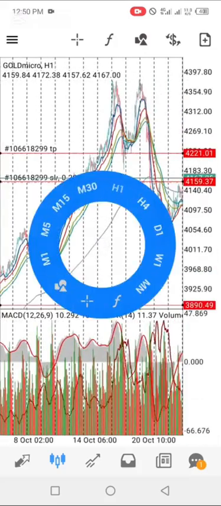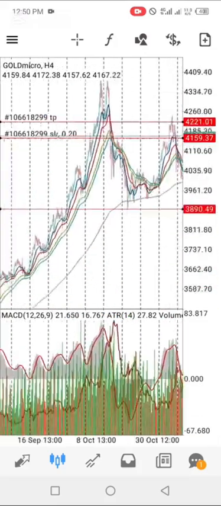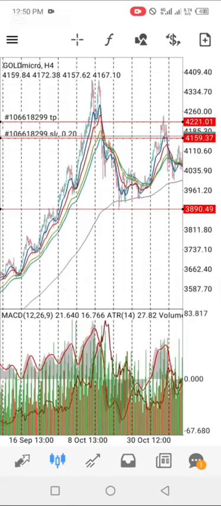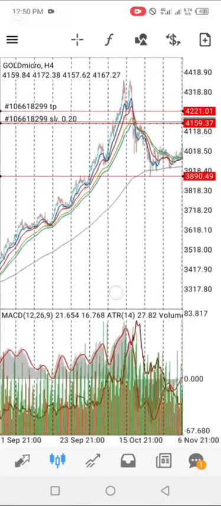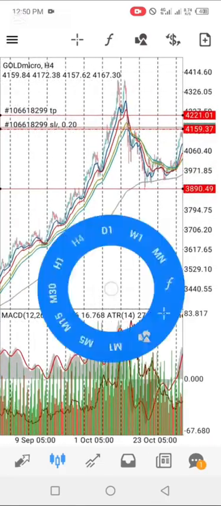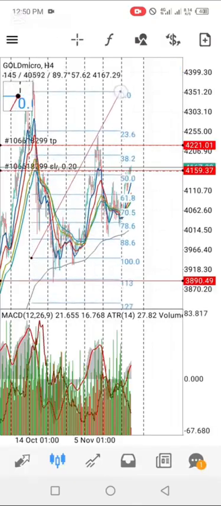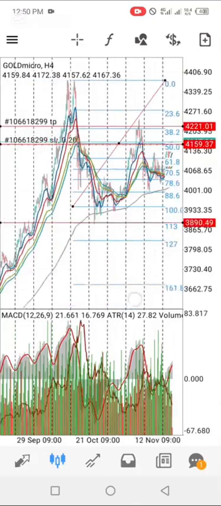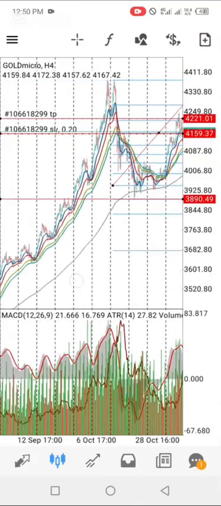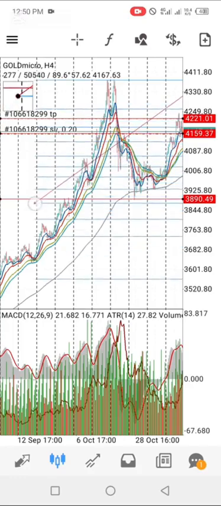So let me see if I can see the leg properly on the 4 hour. Let me just use the Fibonacci tool here, and then we can drop to 1 hour to still try to understand the move.